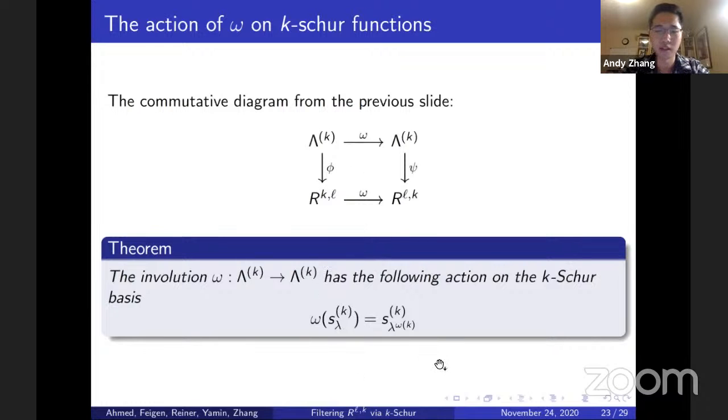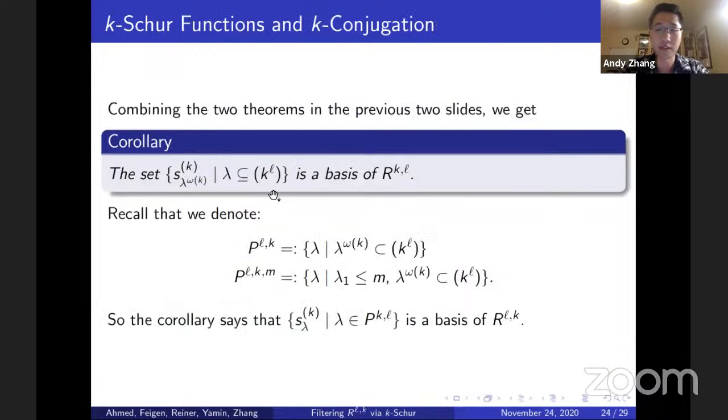So, combining this theorem and the previous one, we arrive at the conclusion that the set of k-Schur functions whose index's k-conjugation is inside the L by k rectangle forms the basis of RKL.